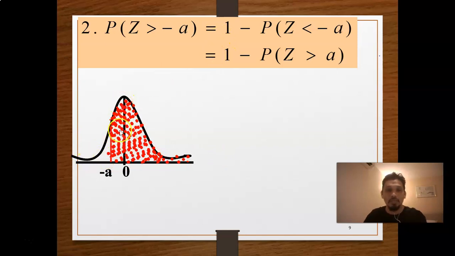The whole area on the left plus on the right side is equal to 1. But this is the probability of Z greater than negative a. So the whole area minus the area on the left side. The area on the left side we consider as this one here.